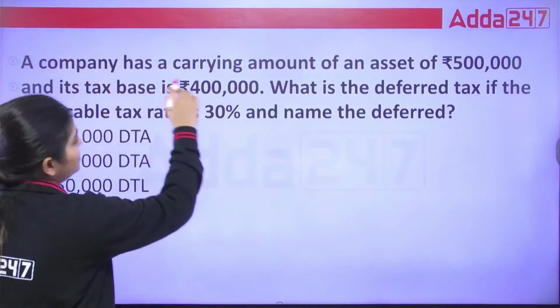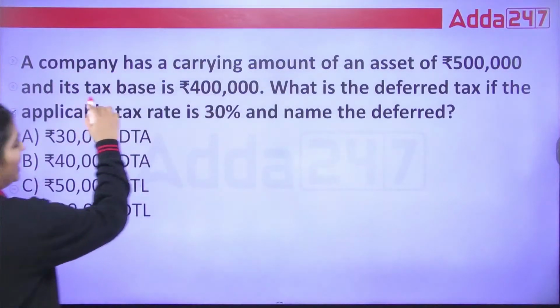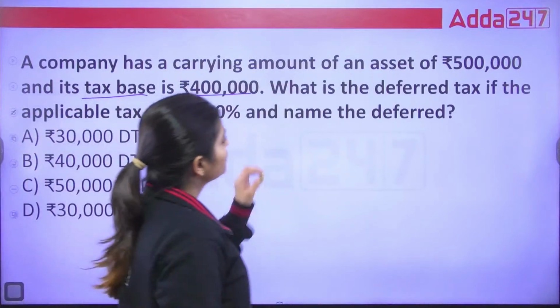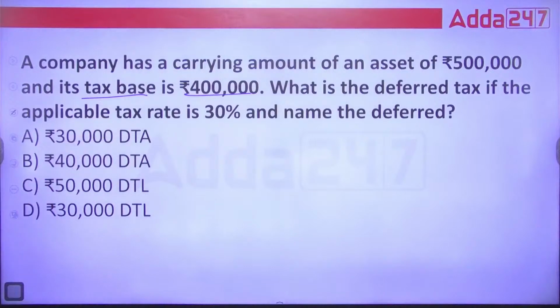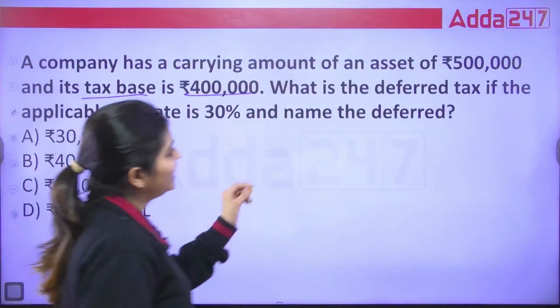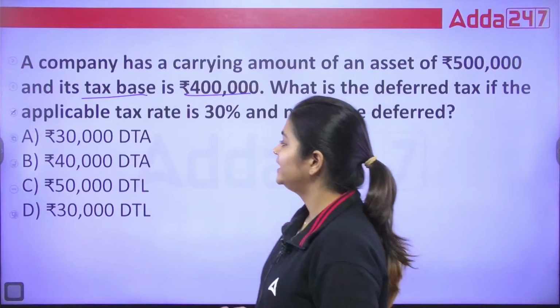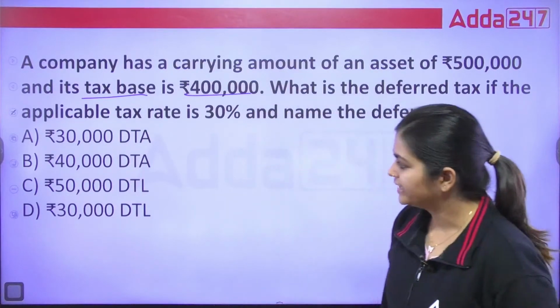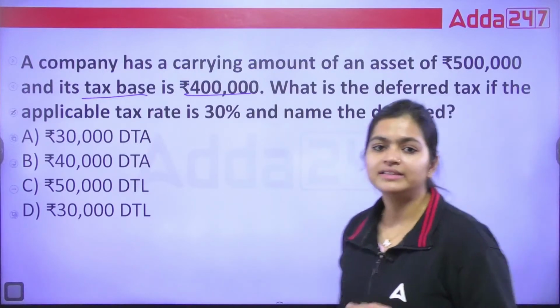A company has a carrying amount of an asset of 5 lakh and its tax base is 4 lakh. What is the deferred tax if the applicable tax rate is 30%, and name the deferred tax? Option A, 30,000 DTA; B, 40,000 DTA; C, 50,000 DTL; D, 30,000 DTL.